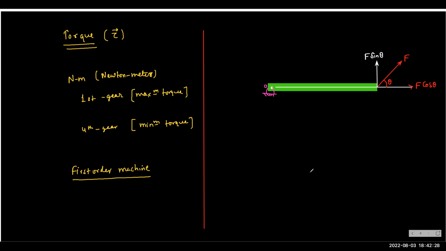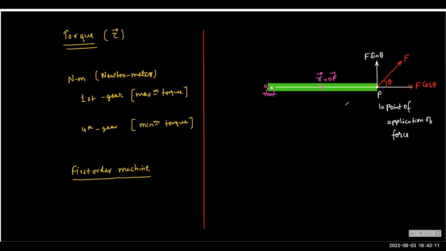The resolution of vector is clear, yes or no? Because that's very important. The point where you apply the force is called point P, we call it the point of application of force. And this distance, O to P, we call the R vector. So this is the OP vector.